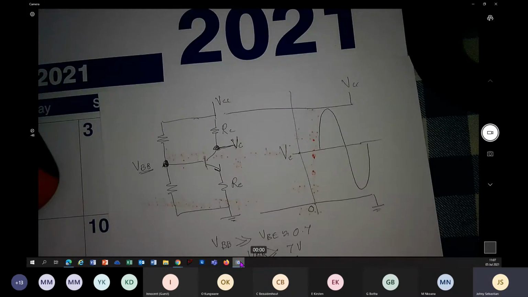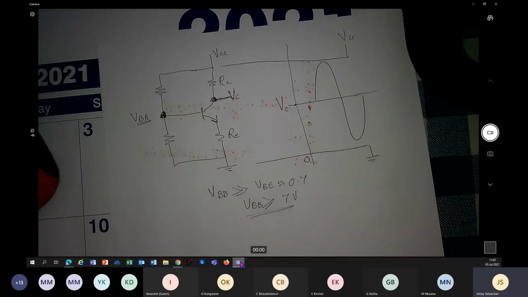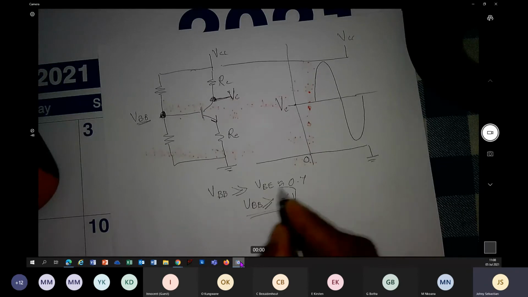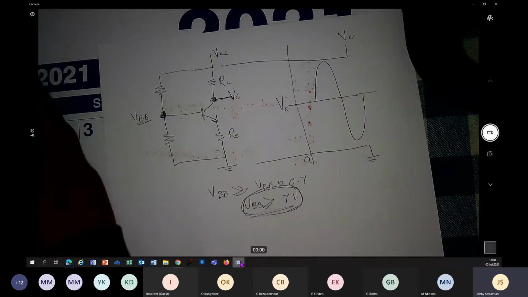It doesn't look that bad, but nowadays there are many electronic circuits working at 3.3 volt. The latest technology allows 1.5 volt. So this is a very difficult situation to attain. VBB having such a high voltage is nearly impossible. So what do you do?